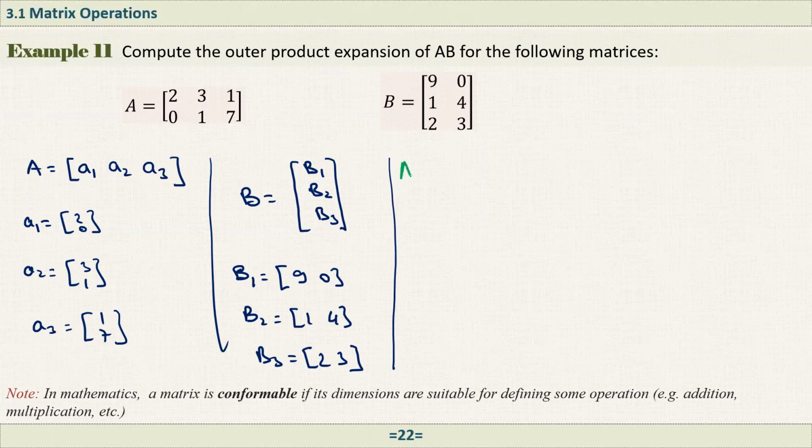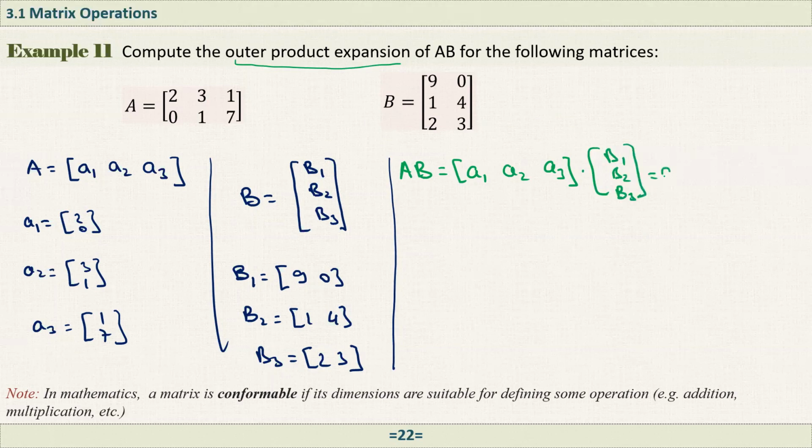Now, if you multiply these two matrices together, what do we get here? That is A times B, right? It says compute the outer product expansion. So to do this one, we need to write or partition this A. What is this? Columns. So columns are A1, A2, A3, and times, how about B? Rows, B1, B2, and B3.